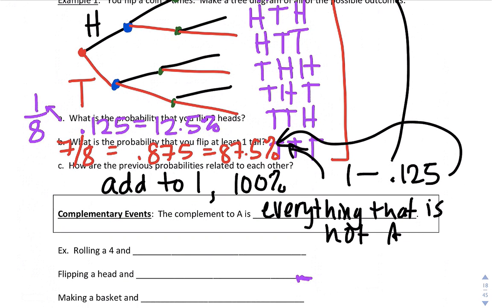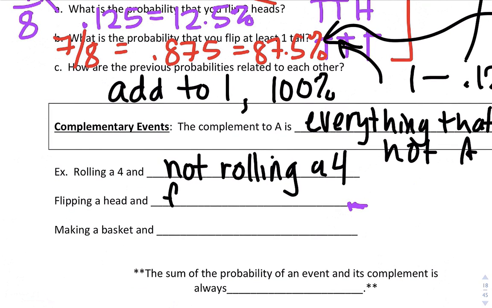So rolling a 4. What's the complement of rolling a 4? Not rolling a 4. What's the complement of flipping a head? It'd be flipping a tails. What's the complement of making a basket? Not making a basket.